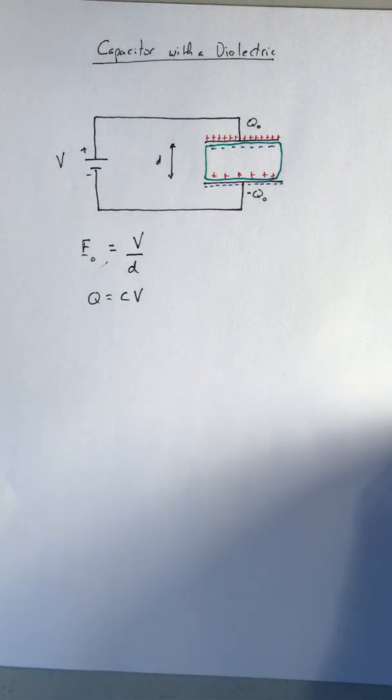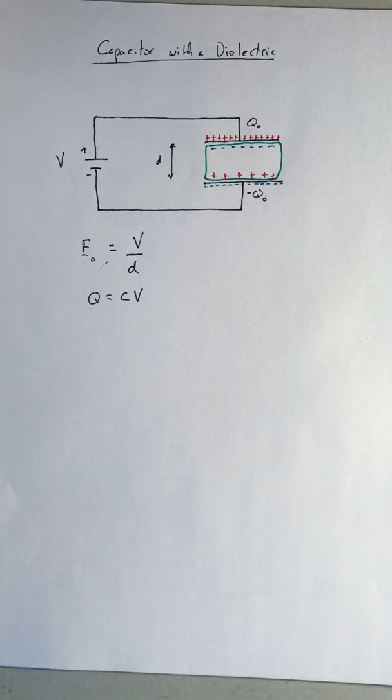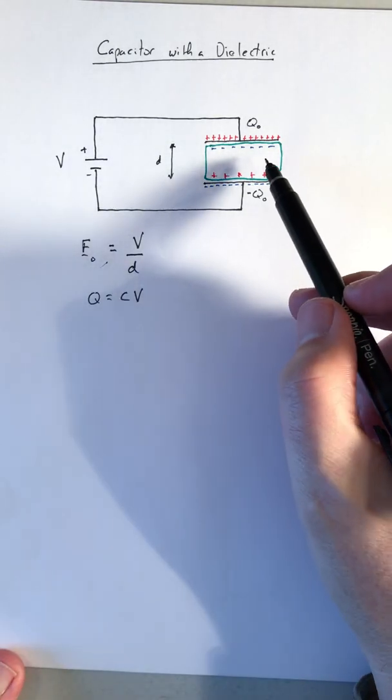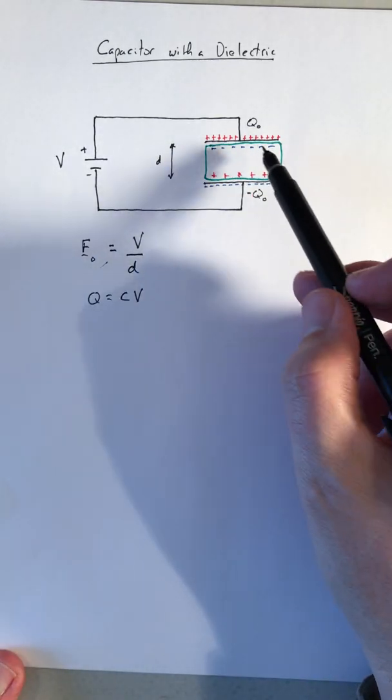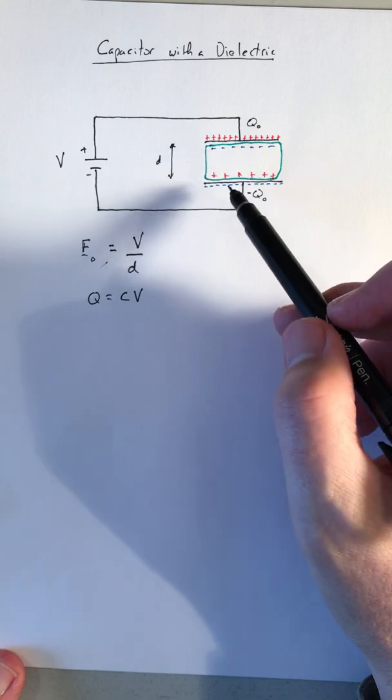So what has that done for us, having some plastic or some other material in between the plates of the capacitor that can be polarized? Well, that polarization has reduced the electric field in the capacitor.